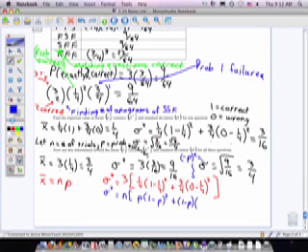This is basically negative p squared. The opposite of p squared, though, isn't that the same as just plain p squared? So instead of writing the opposite of p squared, let's just write it as p squared.